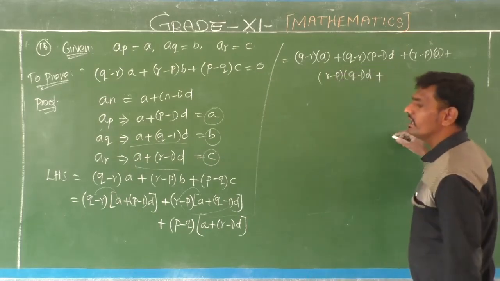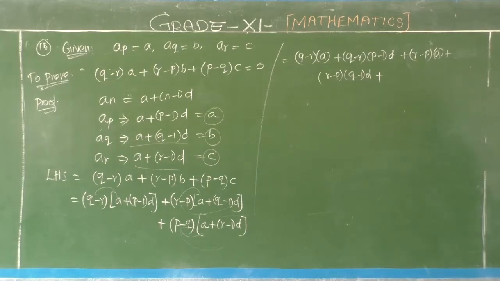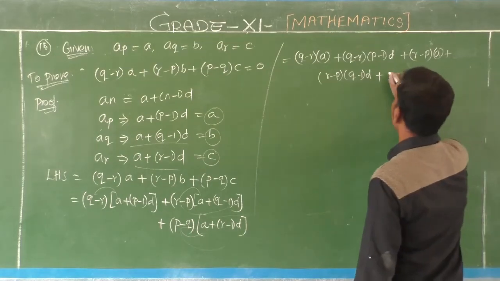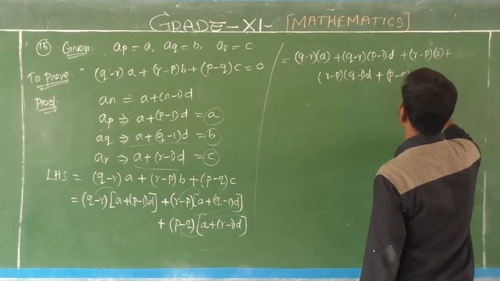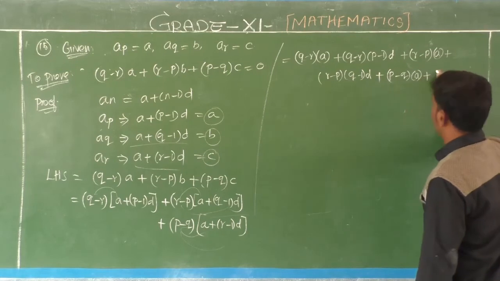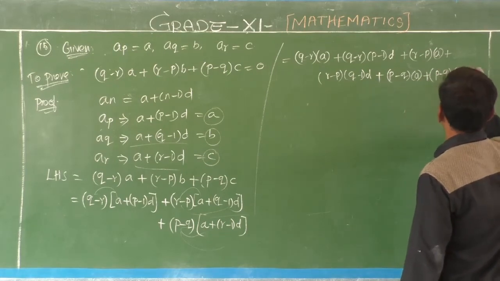Then finally (p minus q) into a plus (p minus q) into (r minus 1) into d.